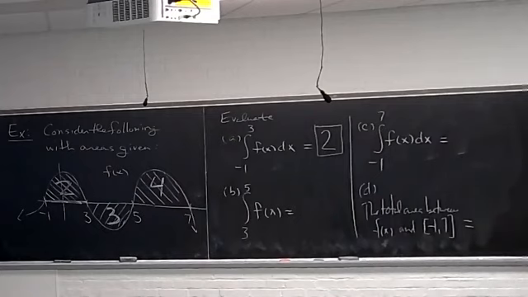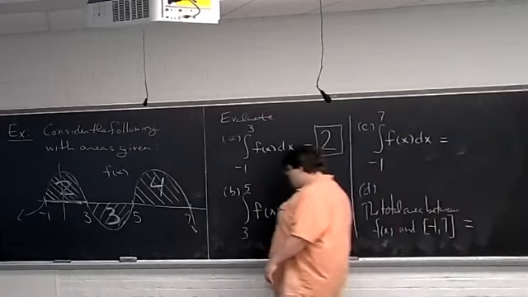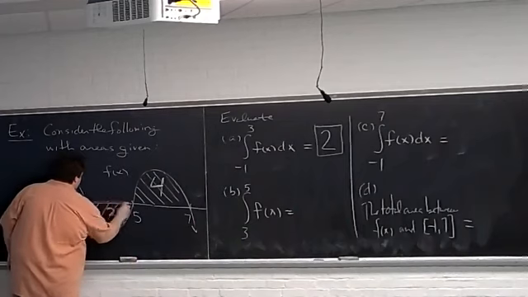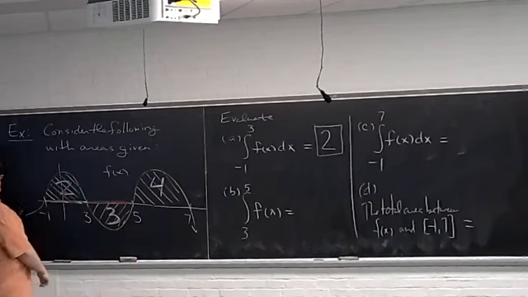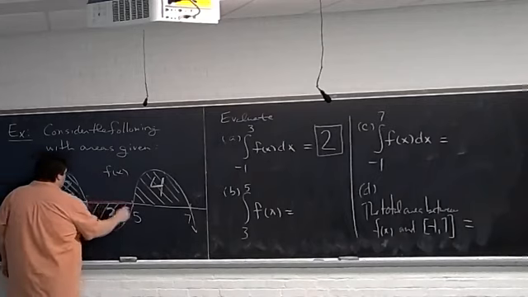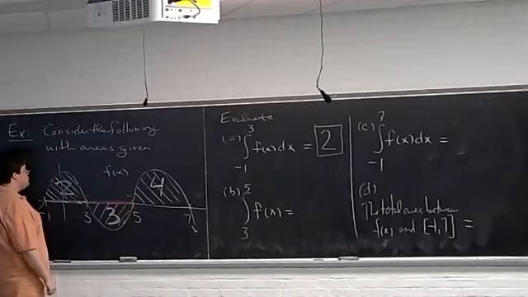Any questions about part A? Okay, now part B says the integral from 3 to 5. What happens from 3 to 5? We're looking from x value 3 to x value 5. What does the function do there?